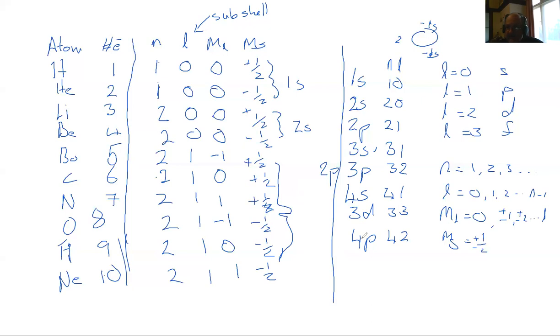Then again, before we get on to the 4d, we start filling up the 5s shell. And then we fill up the 4d. And there is a map of all of this, so you can find it easily online. Oops, I can't draw a straight line down with this equipment.